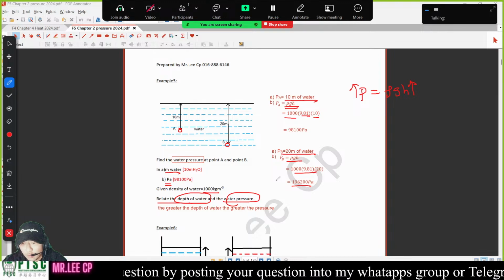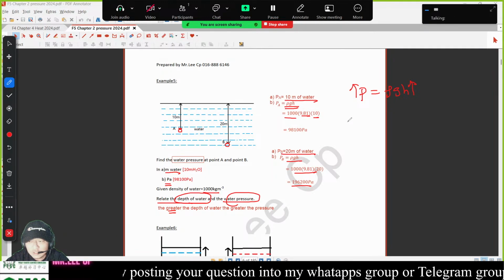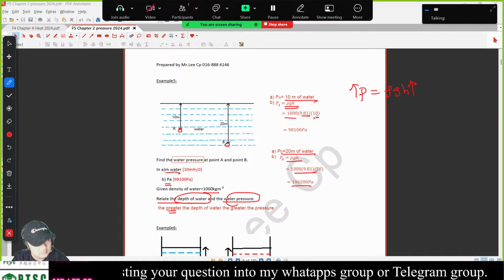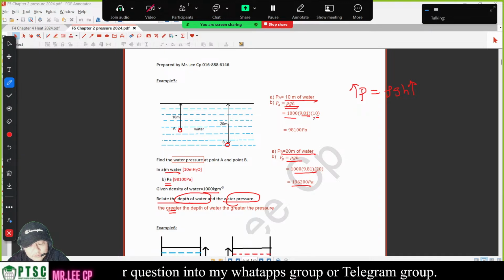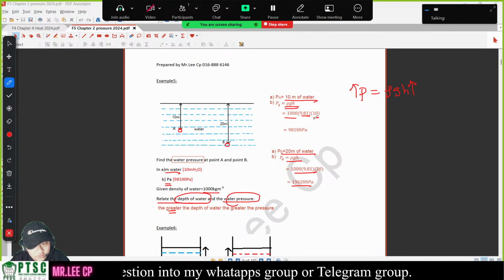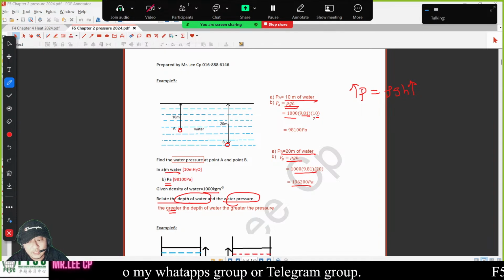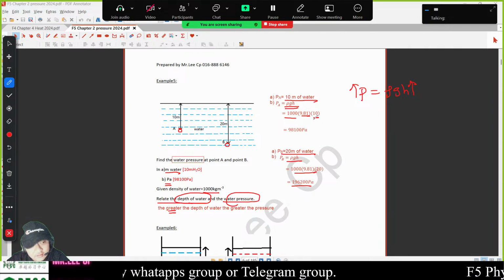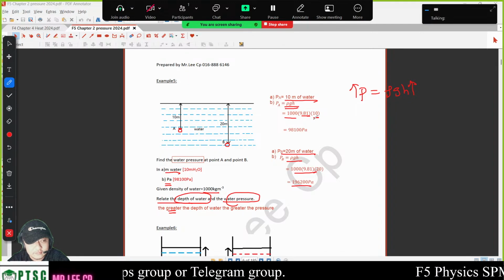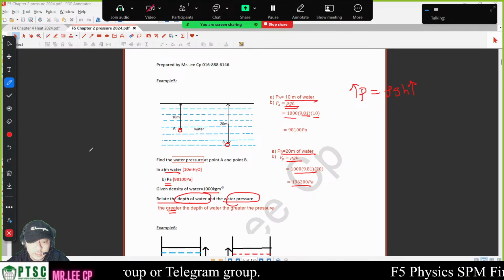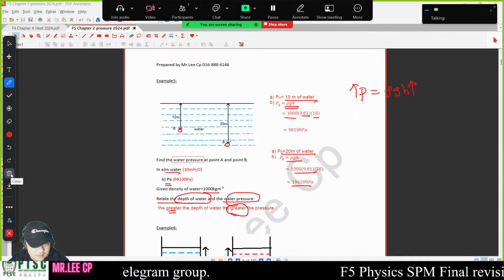Always use the word greater. The higher the pressure, also correct, and bigger the pressure, also correct, but I will always suggest you to use greater. Make sure.